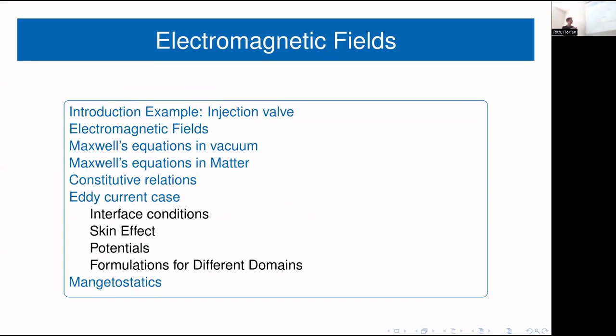We'll look at the constitutive relations we need, especially when we consider Maxwell equations in matter. Of course, in vacuum we don't need any constitutive equations. And then we look at, for us as mechanical engineers, I would say, a technically relevant case, which is the eddy current case. And then the special case of magnetostatics.